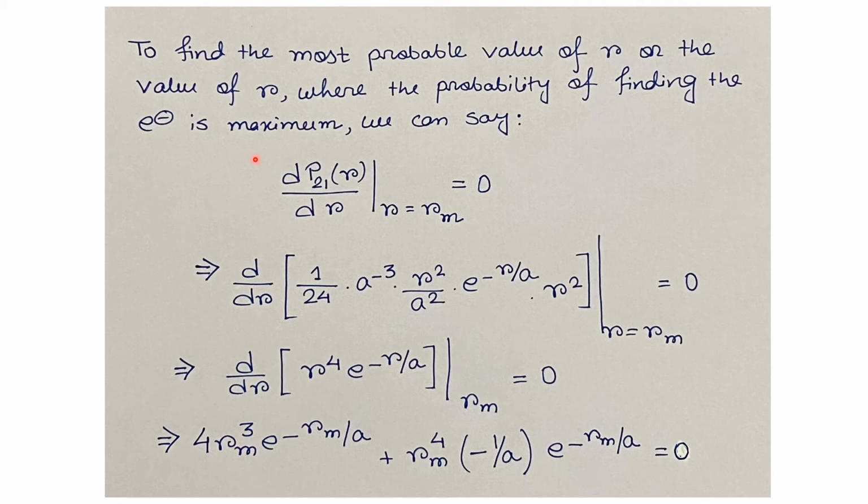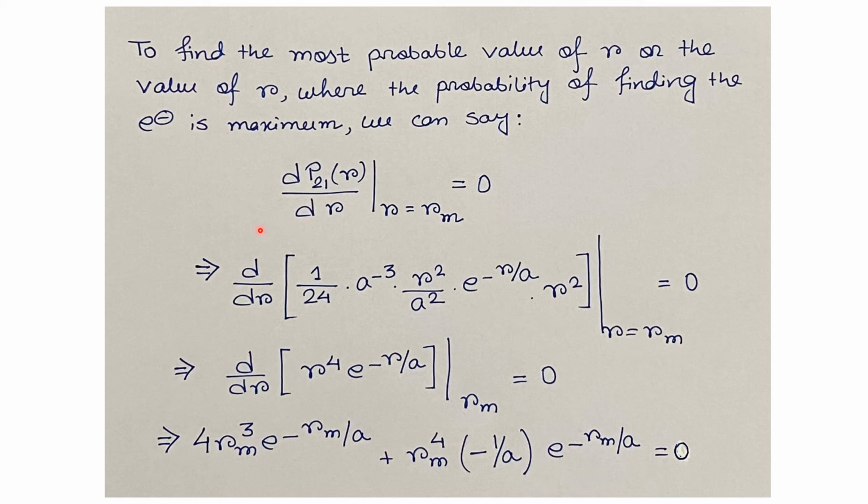Now we'll consider the most probable value of r to be Rm. So at r equals Rm, the probability density function P21 will be maximum, so the derivative of P21 with respect to r will be 0.